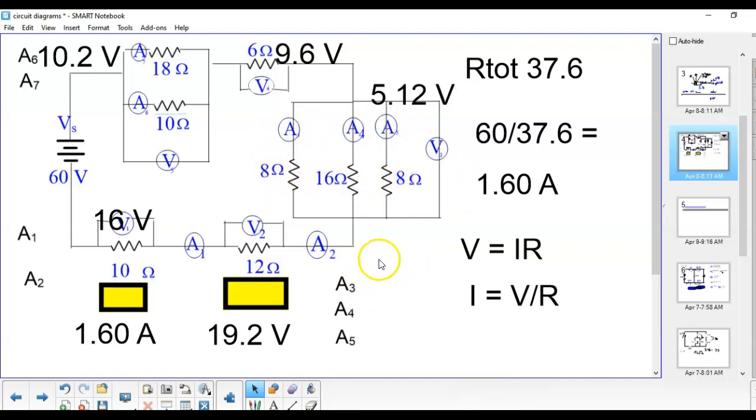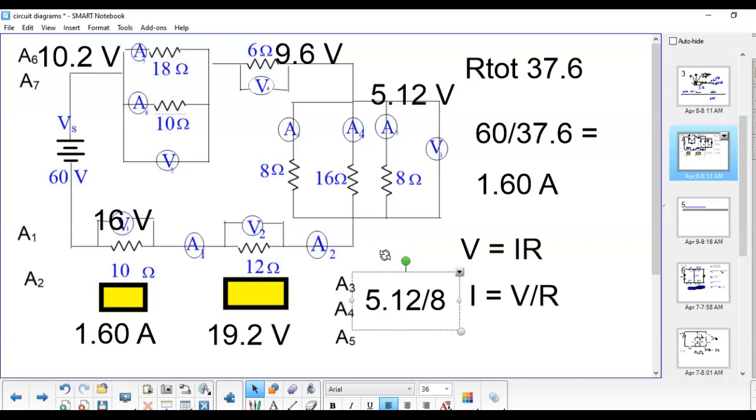So here we're going to take 5.12 divided by 8, and that's going to give us 0.64 amps.